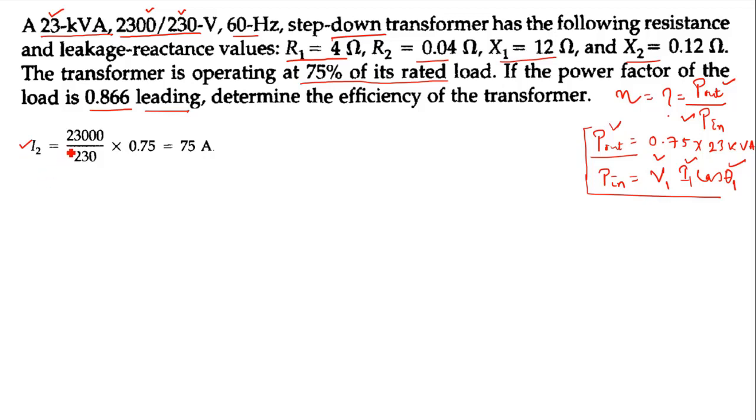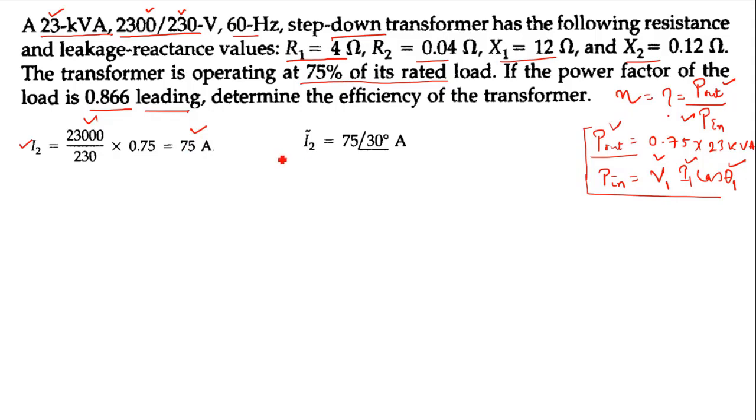I2 will be nothing but the apparent power divided by the rated voltage, multiplied by 0.75 because the operating load is 0.75. So I find I2 under 75% rated load is 75 ampere, right?